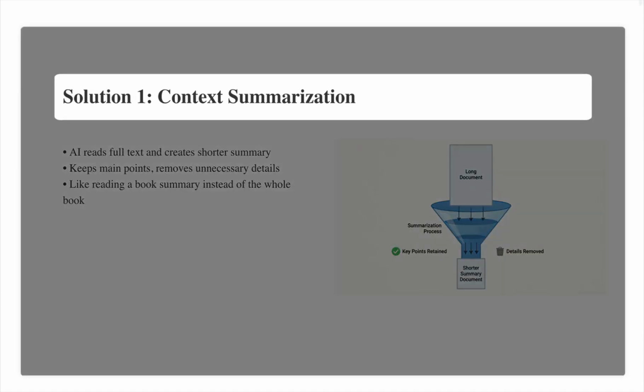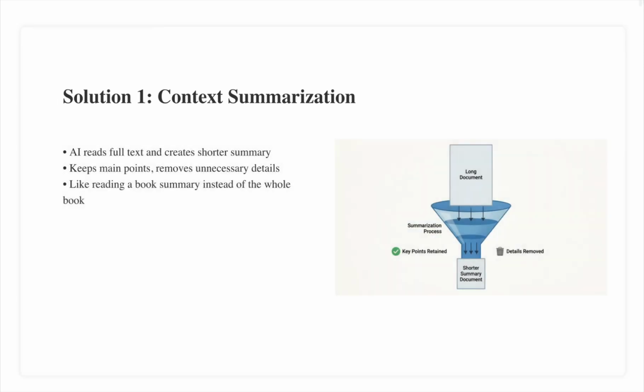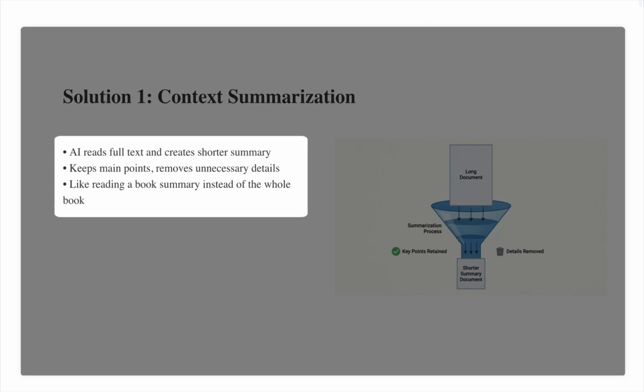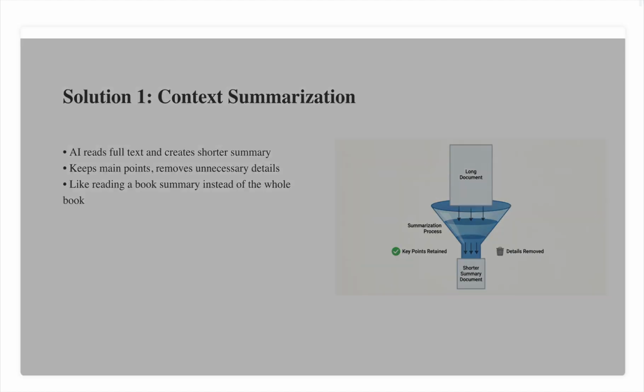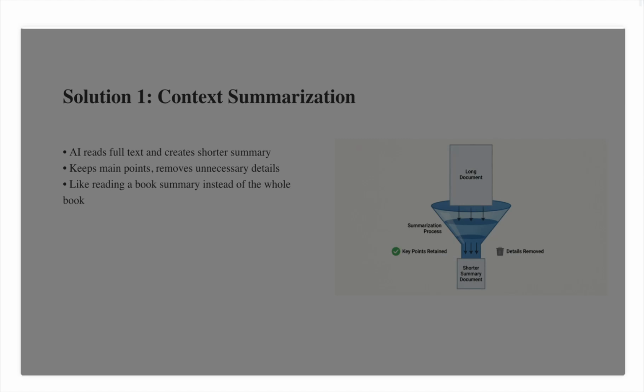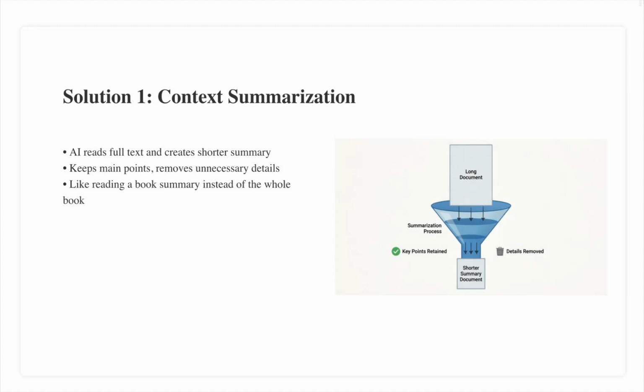Great! Now let's dive into our first solution: context summarization. This is one of the most straightforward ways to handle large amounts of text. Here's how it works. The AI reads the full text and creates a shorter summary. It keeps the main points but removes all the unnecessary details. Think of it like this image shows. Imagine you have a 500-page book, but instead of reading every single page, you just read the summary at the back.